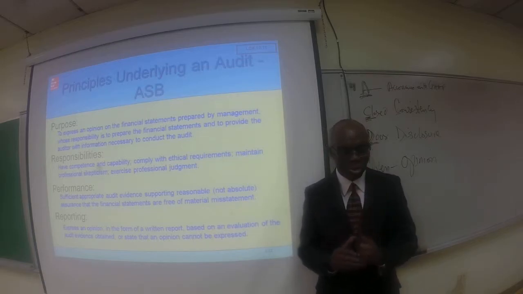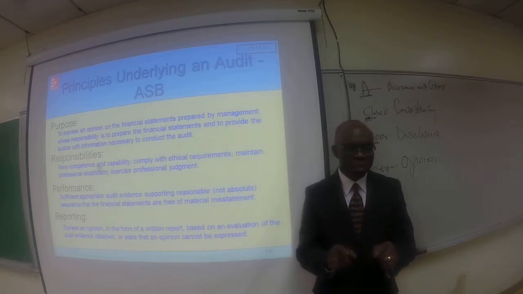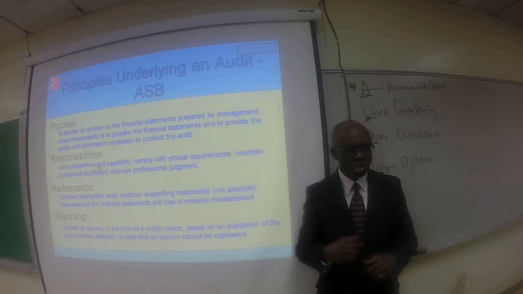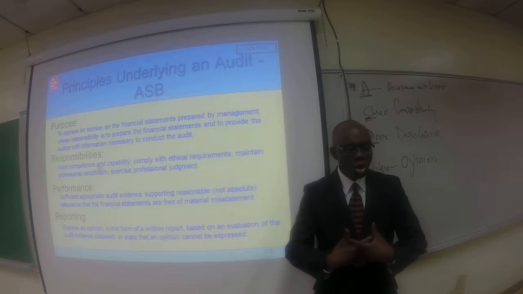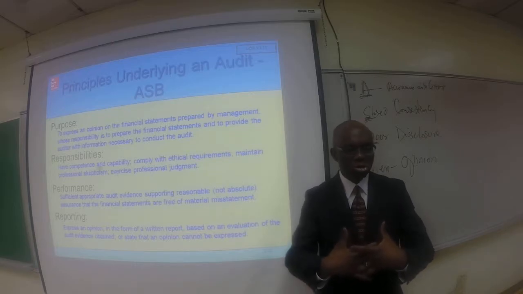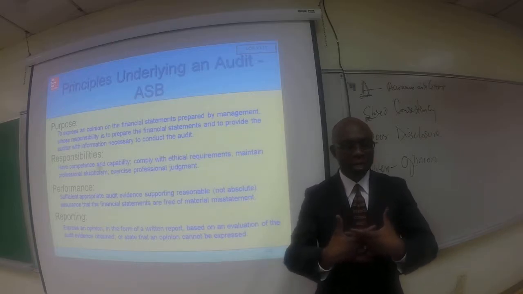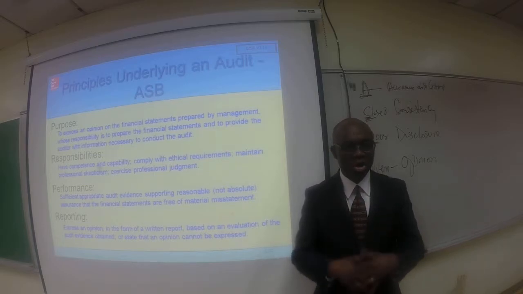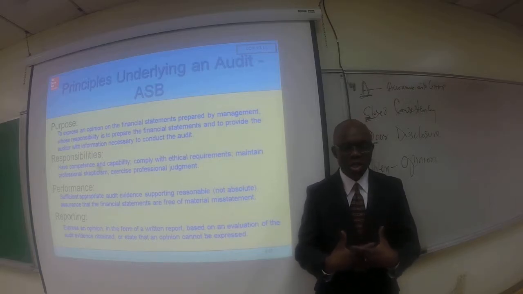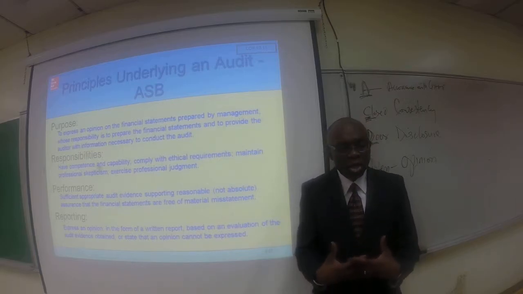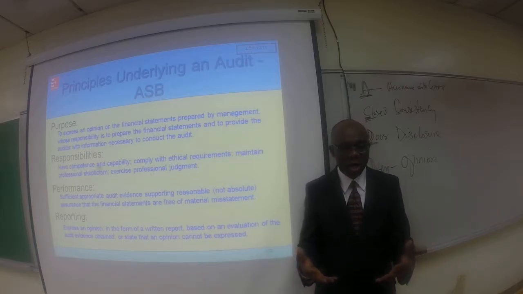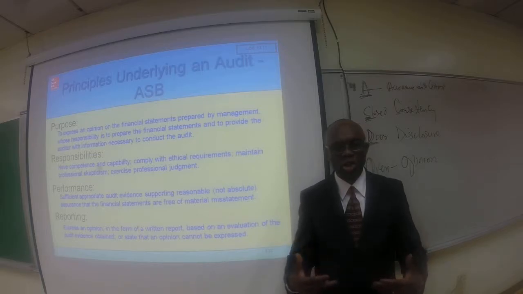Number 2, responsibilities. Have competence and capability, comply with ethical requirements, maintain professional skepticism, exercise professional judgment. So auditors are responsible to have the capability, the know-how, the necessary knowledge to conduct an audit. While we are doing so, we need to comply with whatever ethical requirements there are, and also we need to maintain professional skepticism.